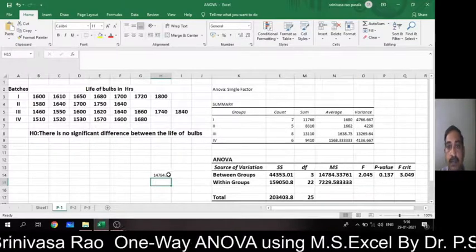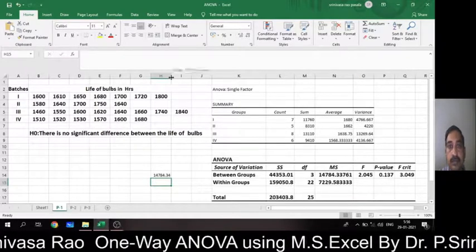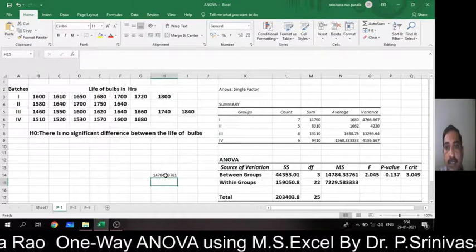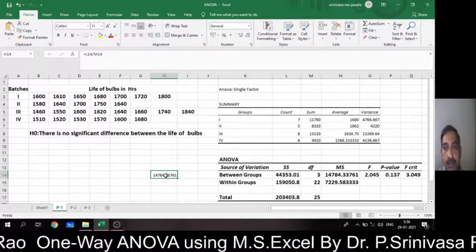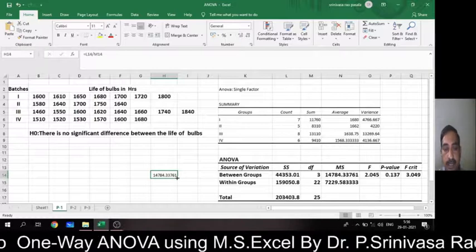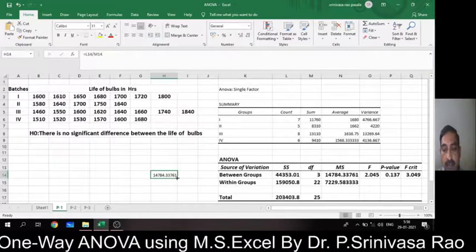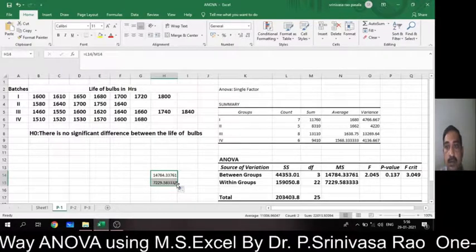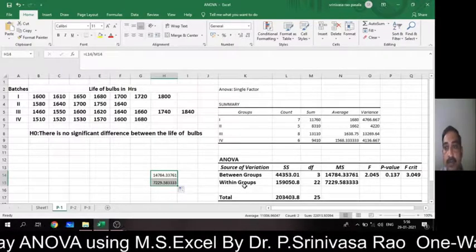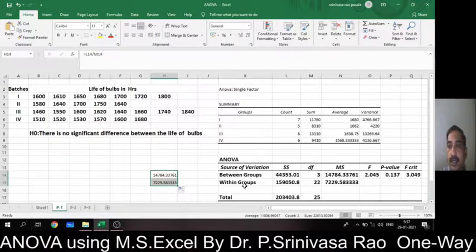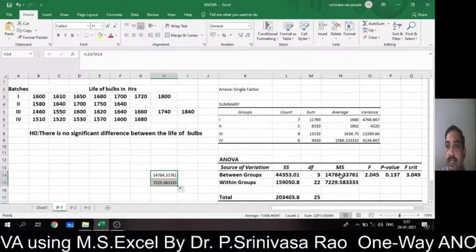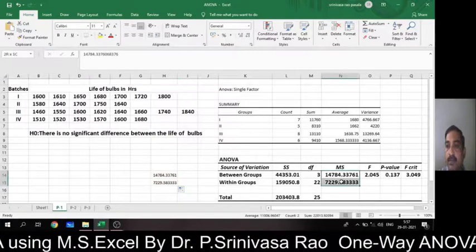Similarly you are getting the same for the error mean sum of squares, 7229.58333, right? So I hope you understood how we are getting the mean sum of squares due to treatments and the mean sum of squares due to error.